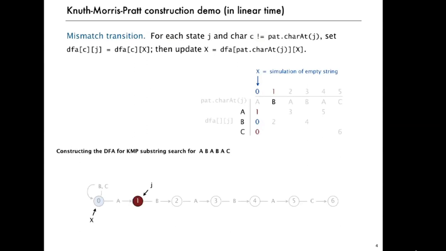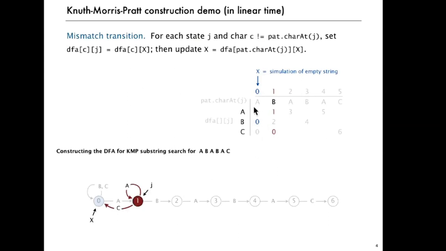So now what we need to do is fill in the mismatch transition for state 1. So what are they? They're what would happen if we found those characters and we were in state x. If we found an A, it would go to state 1. If we found a C, it would go to state 0.